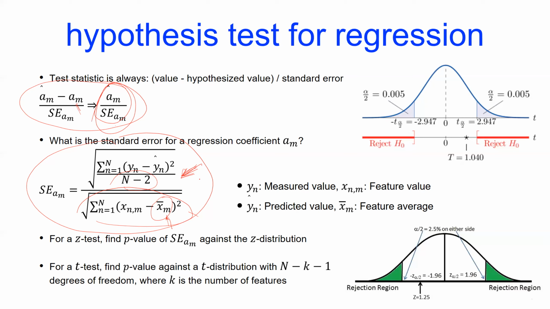Okay, so this is your ground truth y_n, and this y hat is your predicted value, and this is your feature value, this is your feature average.